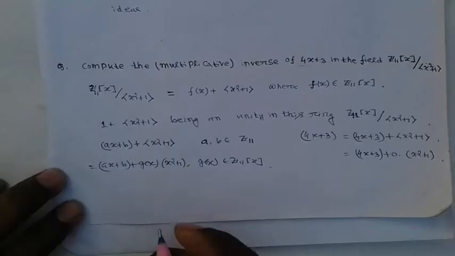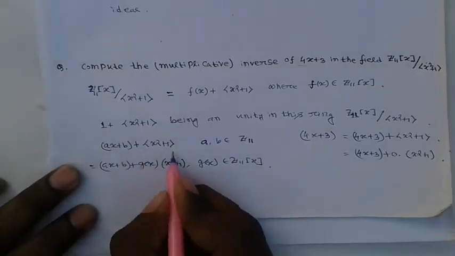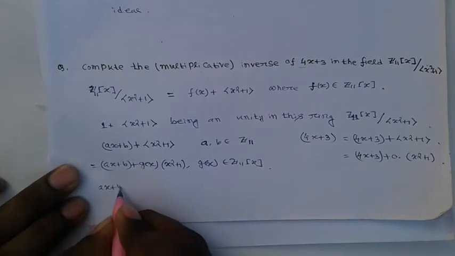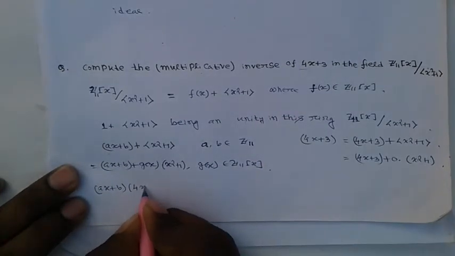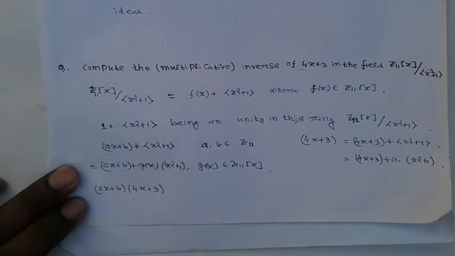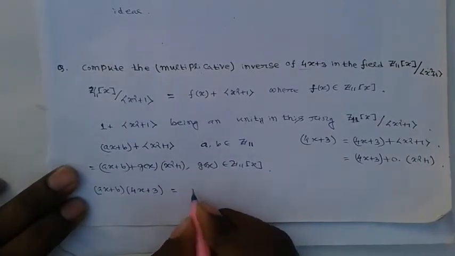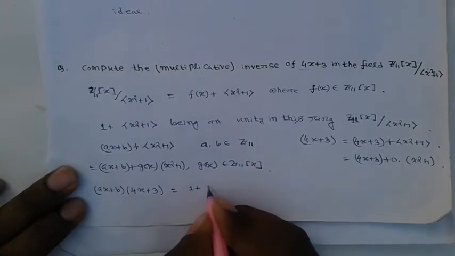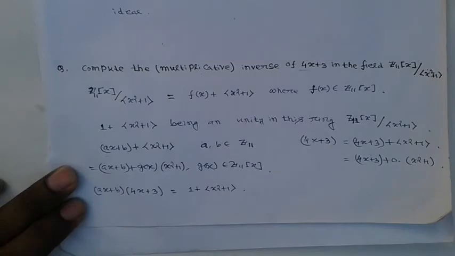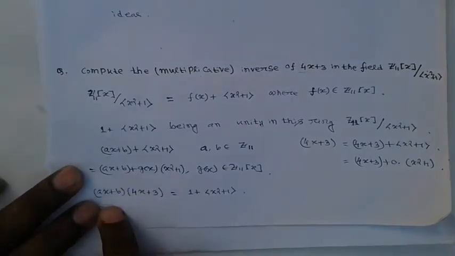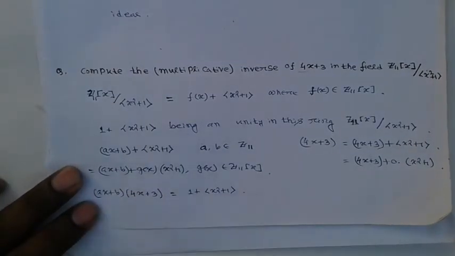And so generally we read this as ax plus b and this as 4x plus 3. Now these two equal to 1 plus this.